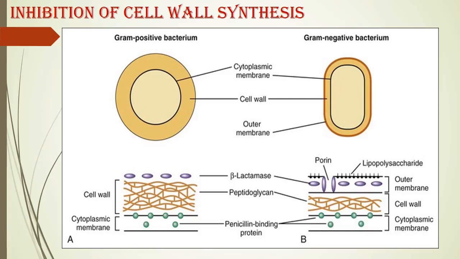But bacteria have another 2 layers outside the cell membrane. Cell membrane तो रहेगा ही, उसके बाद भी the bacteria will have a cell wall. ठीक है, and certain bacteria will have an outer membrane.